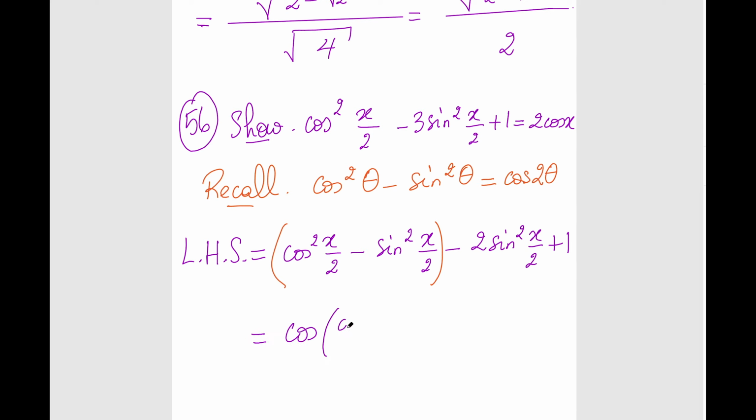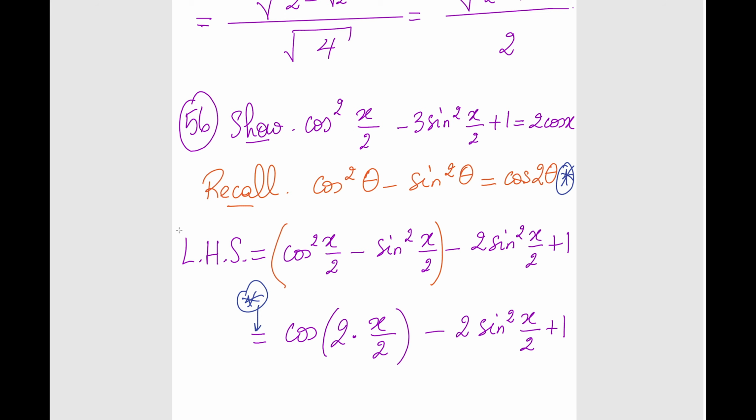So cosine of 2 theta, and theta is x over 2. We simply used this asterisk over here. Minus 2 sine squared of x over 2 plus 1, right? Agree with that? How about we recall this again?